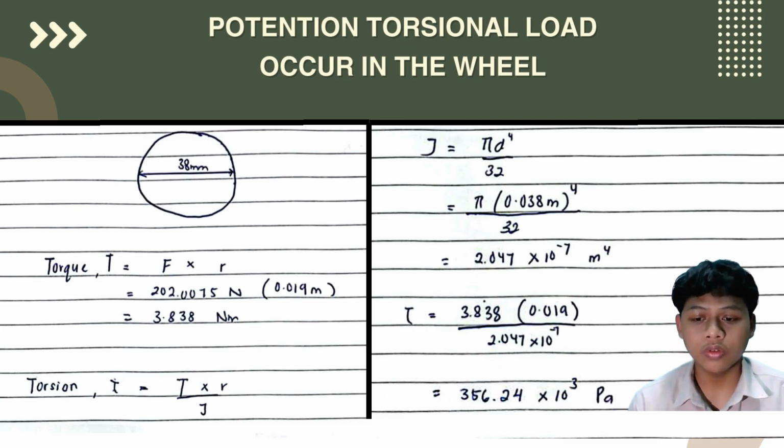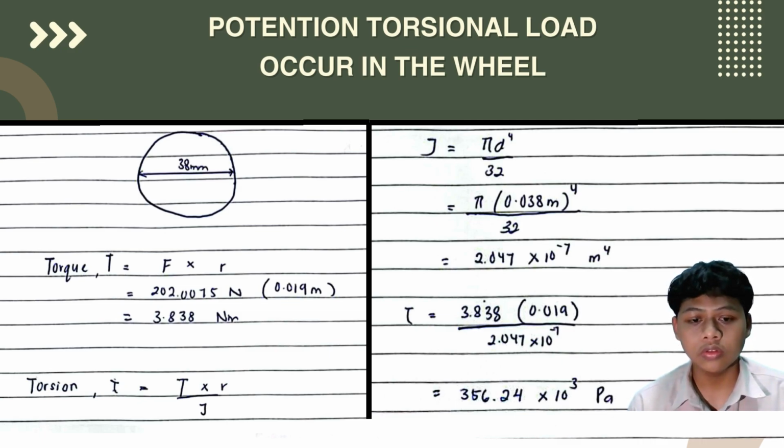So next we will use the torsion formula. The torsion formula is torque multiplied by radius over J. First we need to find J. To find J, we use the formula pi d to the power of 4 over 32. The diameter is 0.038 meter. Then we get the answer of 2.047 multiplied by 10 to the power of negative 7 meter to the power of 4.